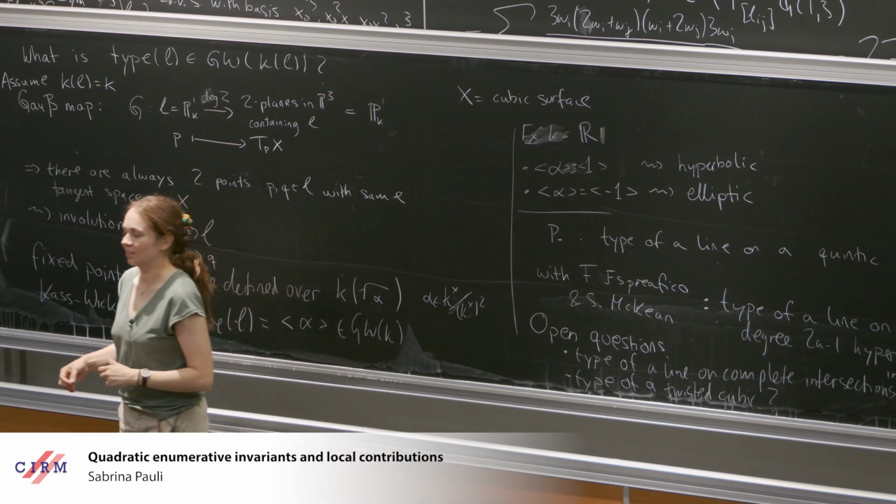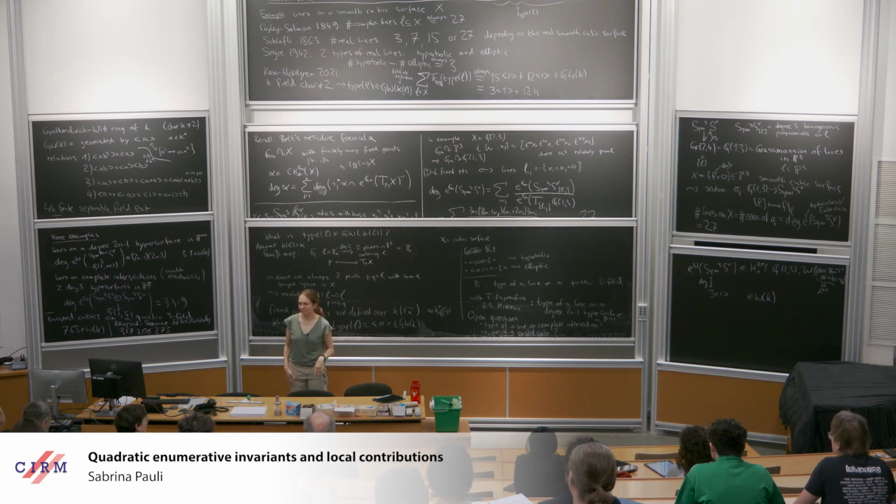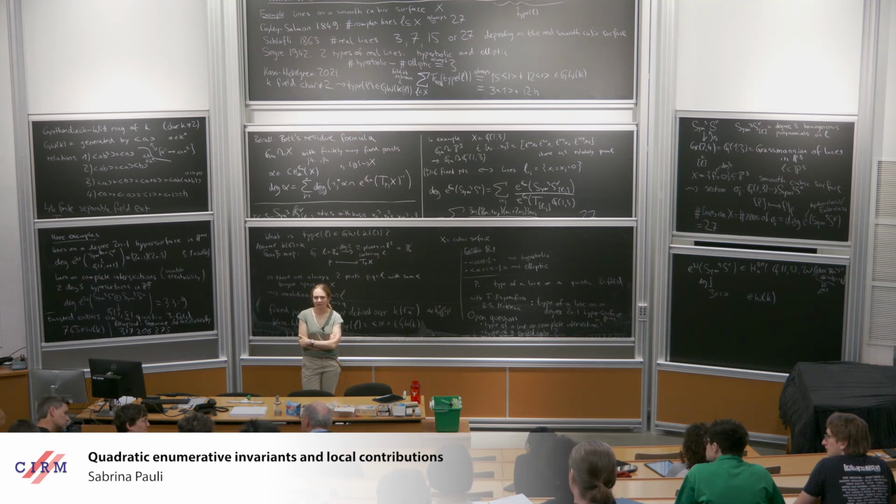I think in general it won't be involutions if you count other things than lines, but I don't know what it is in general. There's always a formula for the local contribution, but it's just some determinant. And I think the type is to give something geometrical, understandable. It's a vague notion.